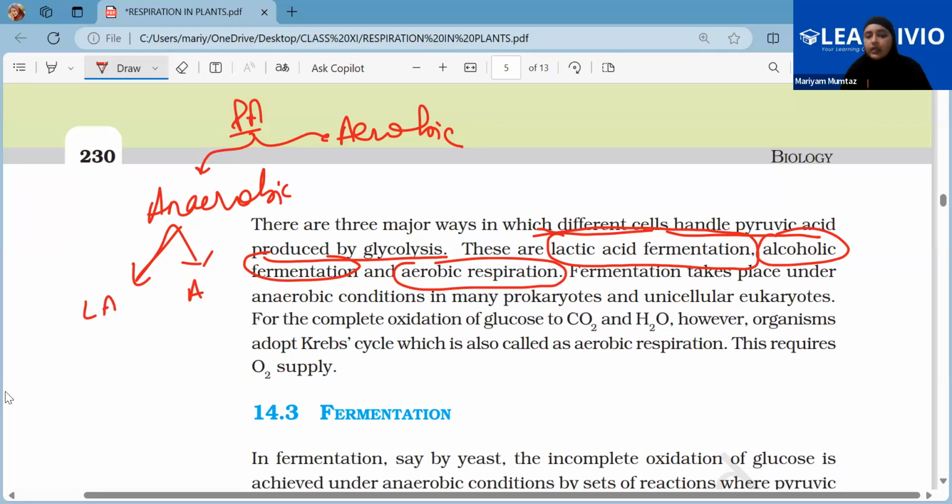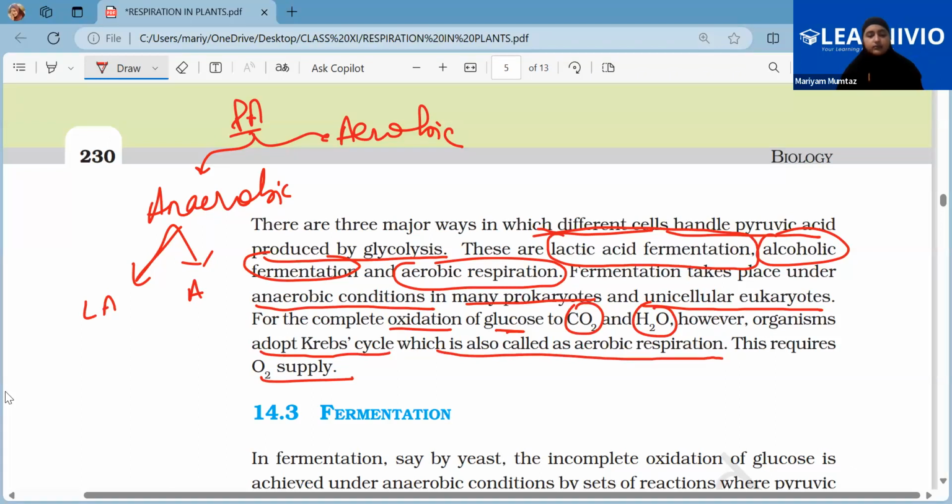So the anaerobic processes that the pyruvic acid undergoes are either lactic acid fermentation or alcoholic fermentation. Now, fermentation takes place under anaerobic condition in many prokaryotes and unicellular eukaryotes. For the complete oxidation of glucose to CO2 and H2O, however, organisms adopt the Krebs cycle, which is also called aerobic respiration, which requires O2 supply.